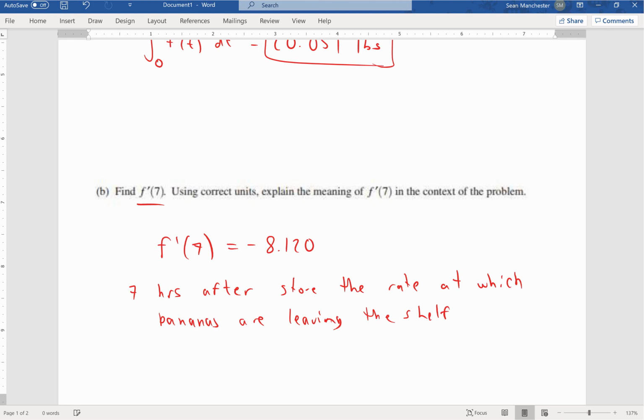So this is the rate of change of that rate that bananas are leaving the shelves. This rate that bananas are leaving the shelves is changing at a rate of negative 8.12. So we can say that that rate is decreasing by 8.1 pounds per hour.